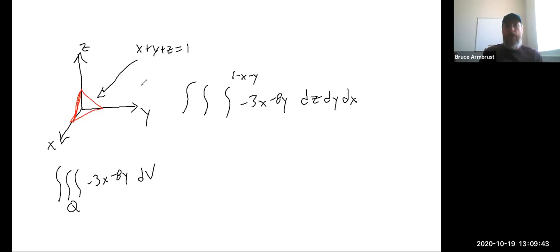So z equals 1 minus x minus y is the roof of that. The floor was the xy plane, so that's going to be 0. So as integration man is walking around in here, he's bumping his head against the roof, which is this plane, and his feet are always on the xy plane.